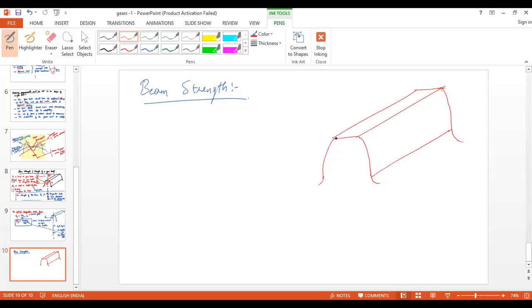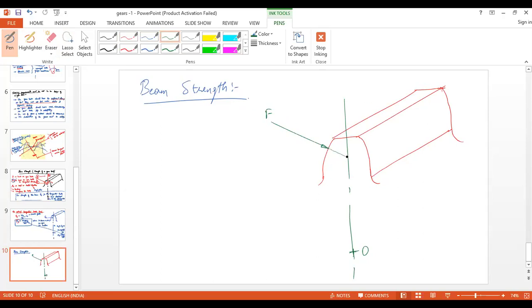This is one single gear tooth, and it is subjected to the load F, and this is the axis of the gear, and this is the center.